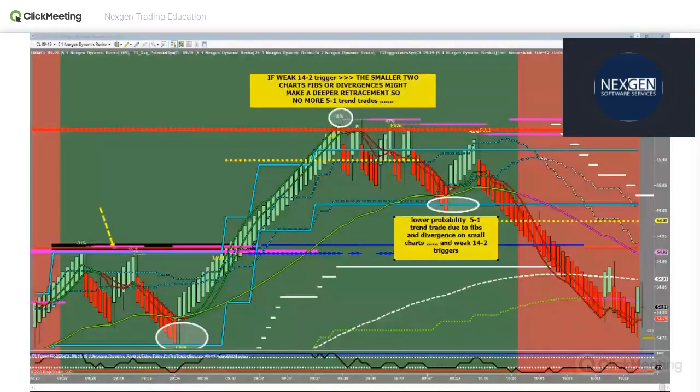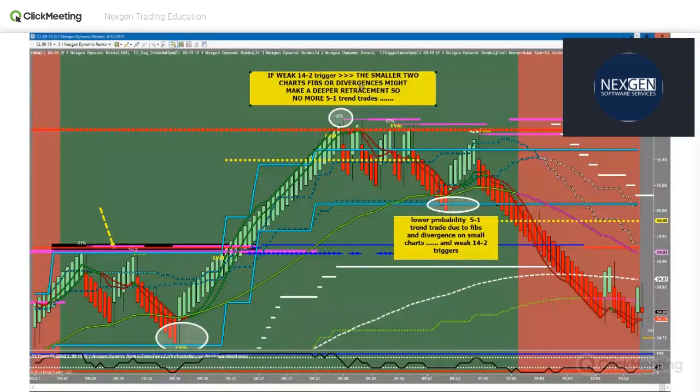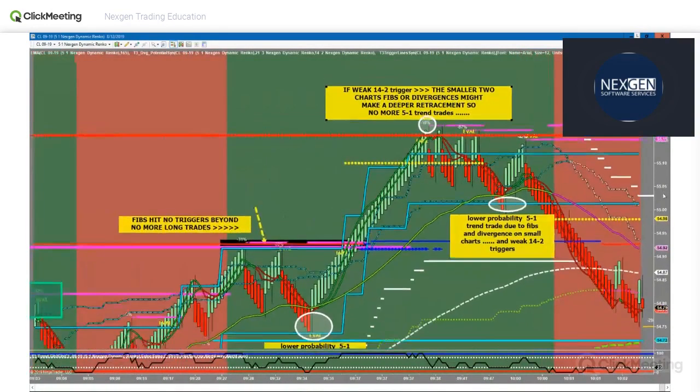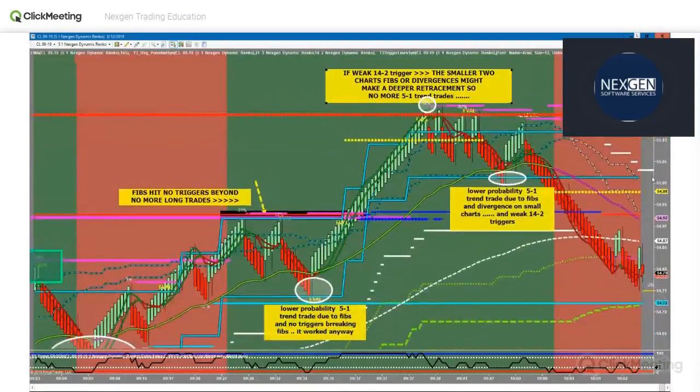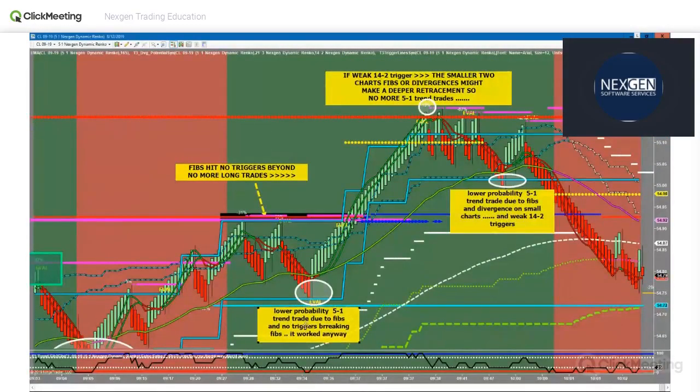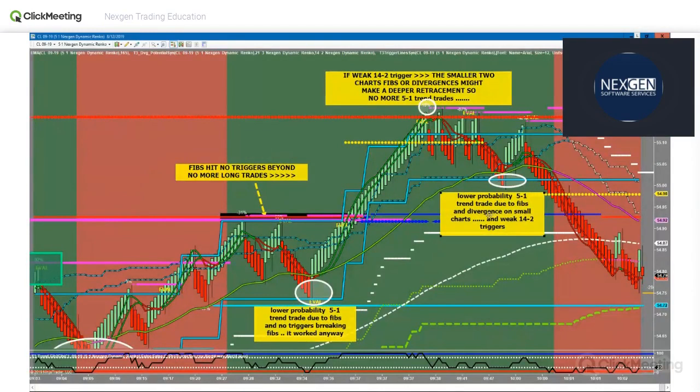Well, here it is in the real world live. If you can't go short or long, can you go short? You guys tell me. I've seen it 100 million times, but again, I'm not the new person trying to learn how to trade it. So again, look, when to stop doing or when to recognize lower probability trend trades is key.